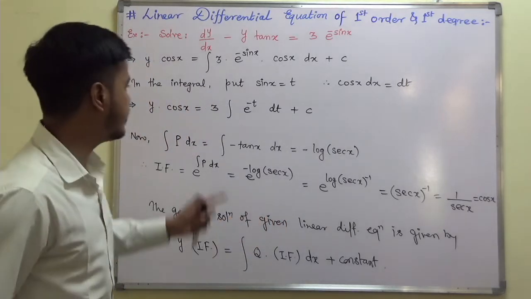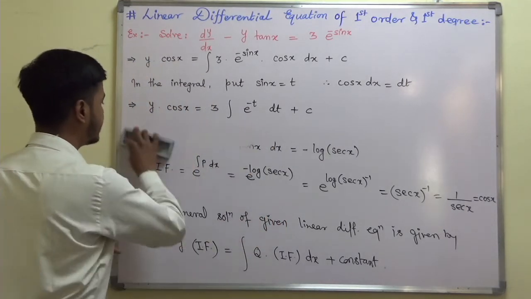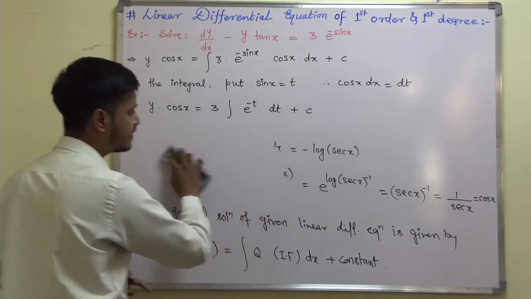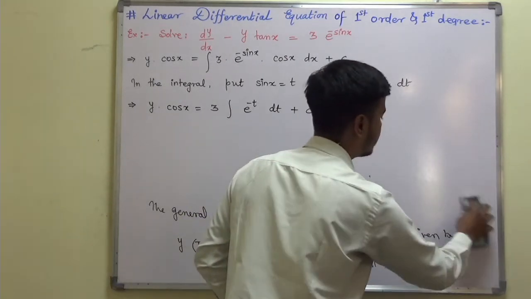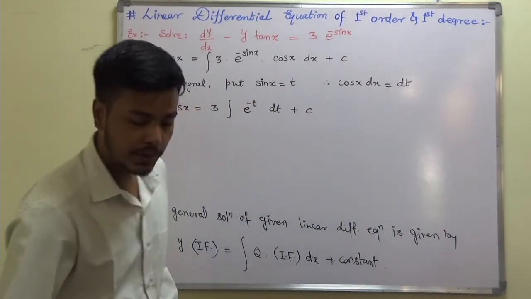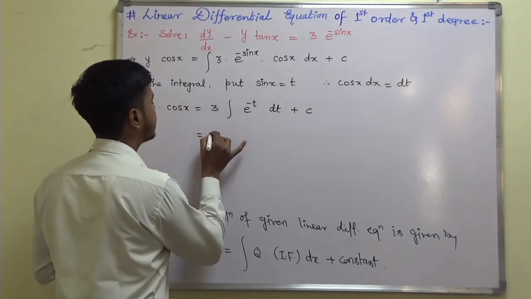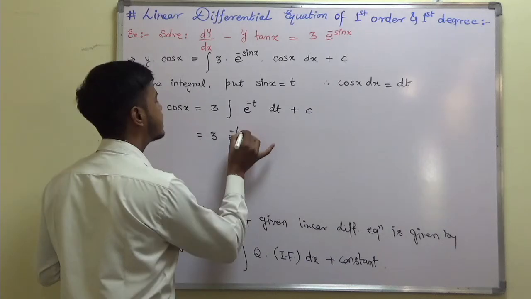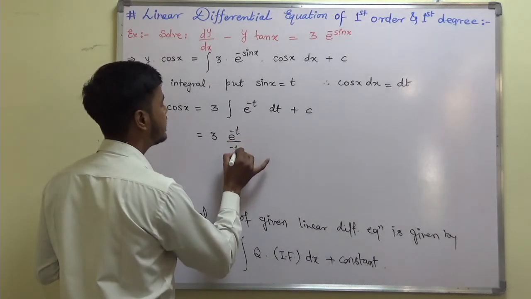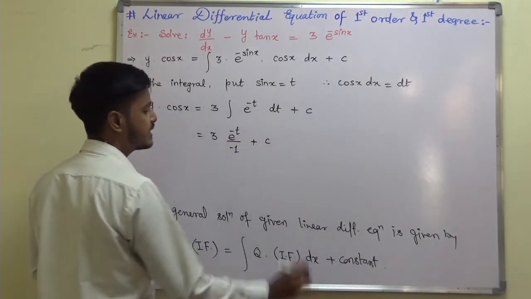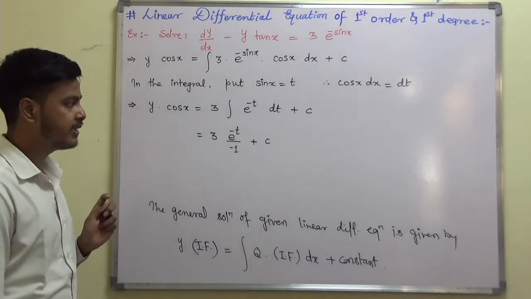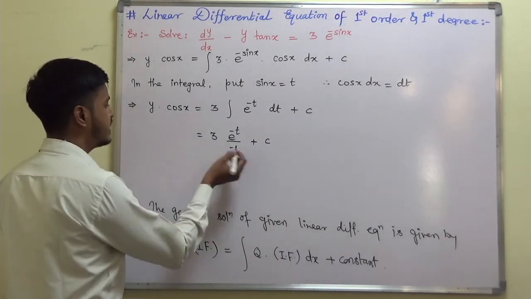Okay. Now you just have to integrate. What is the integration of e to the power minus t? Very simple. So the integration of e to the power minus t is 3 e to the power minus t divided by the coefficient of t, minus 1, plus c. Simple. Now resubstitute.